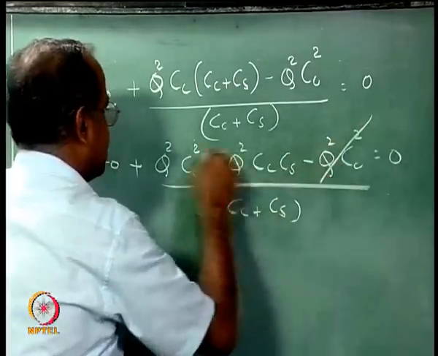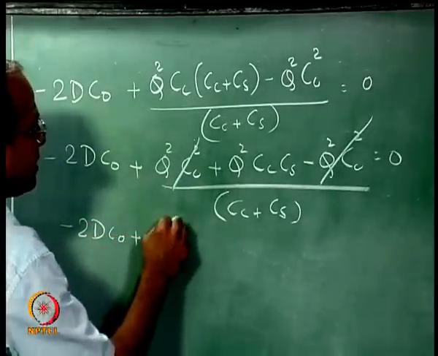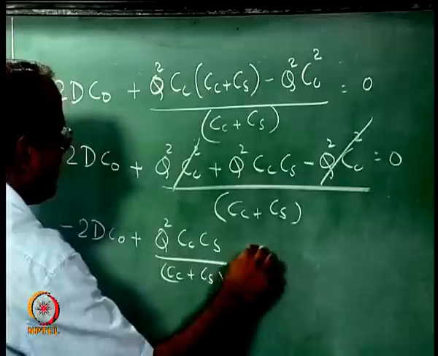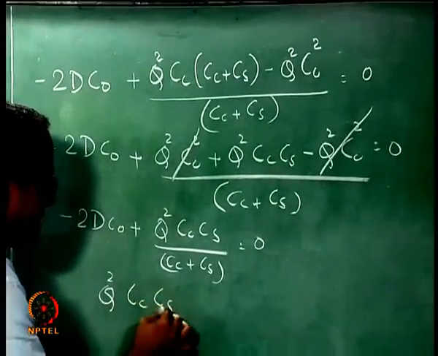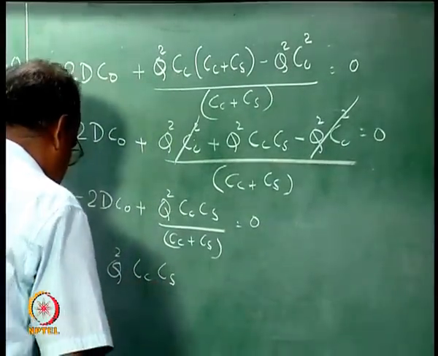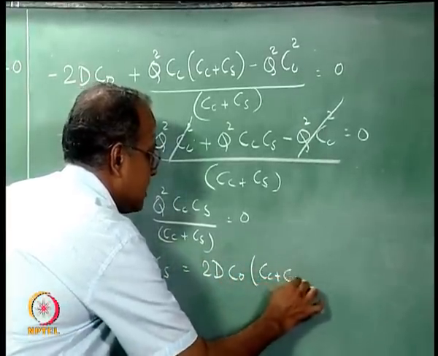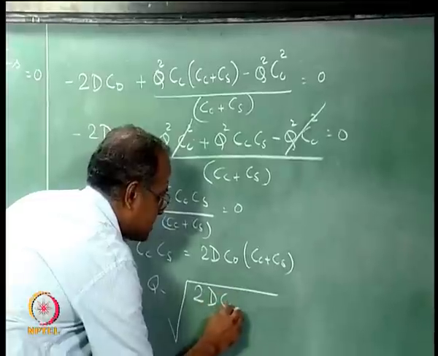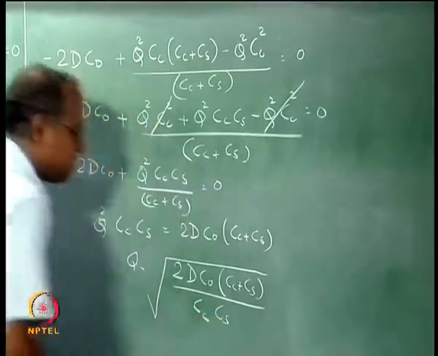Now, these two terms will get cancelled. So, minus 2D C naught plus Q square CC CS by CC plus CS equal to 0, from which Q square CC CS is equal to 2D C naught into CC plus CS, from which Q is equal to root over 2D C naught into CC plus CS divided by CC into CS.